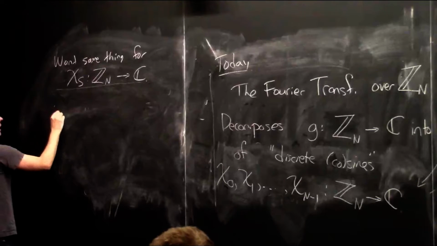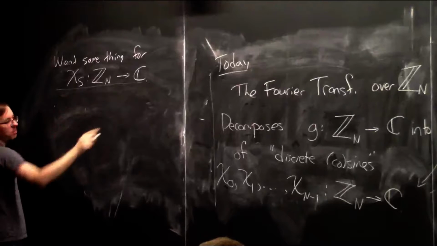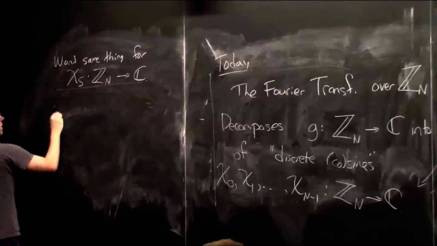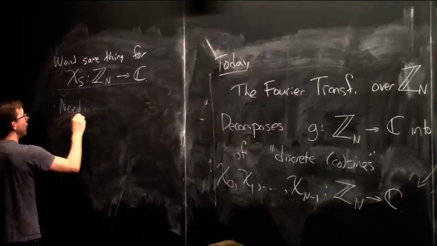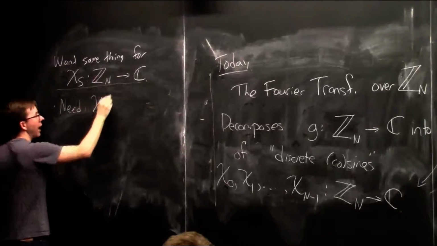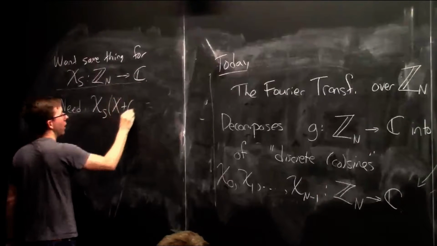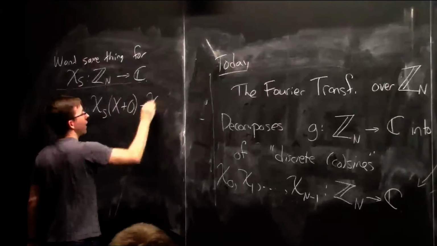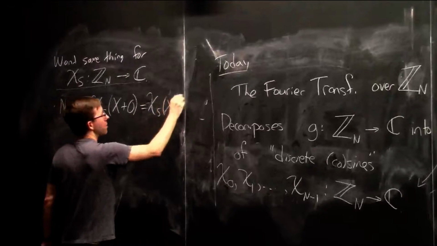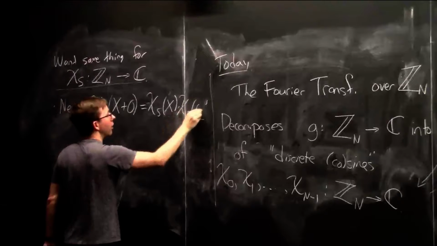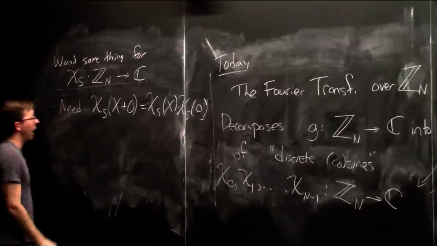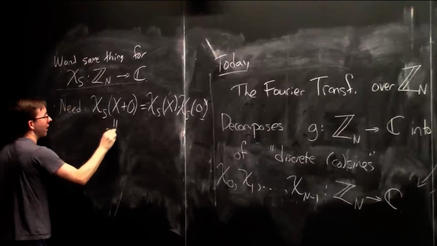So I'll apply this box rule a few times and see what happens. You need that chi s of x plus 0 should be chi s of x times chi s of 0. But x plus 0 is just x, so that's just chi s of x.